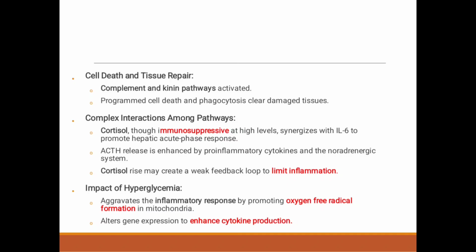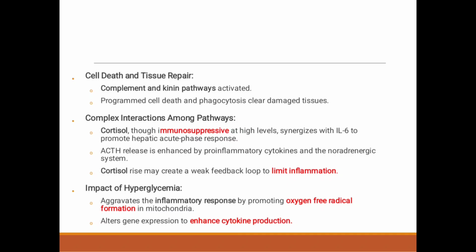Cortisol may also create a weak feedback loop to limit inflammation. But what we have to get here is that whatever response happens, everything is culminating at one point to promote tissue destruction, to promote further tissue damage if it is uncontrolled.